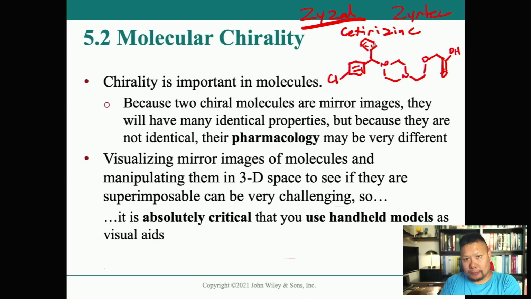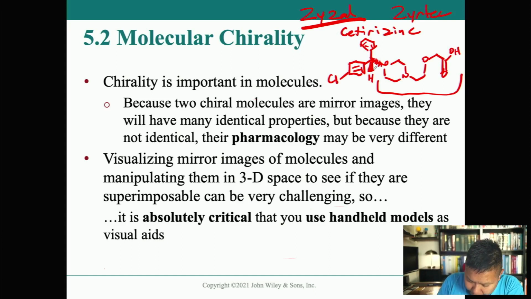Specifically though, cetirizine has its nitrogen right here as a dash, and it has a hydrogen coming out here as a solid wedge, which means this nitrogen and this entire structure back here is going towards the back of the page, and the hydrogen is coming out at you.